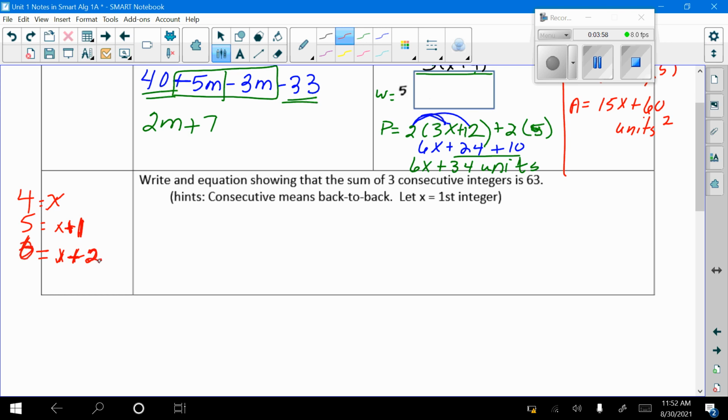So as I'm going with my consecutive integers, we're going to say we have an x is equal to the first, x plus 1 is equal to the second, and an x plus 2 is equal to our third.